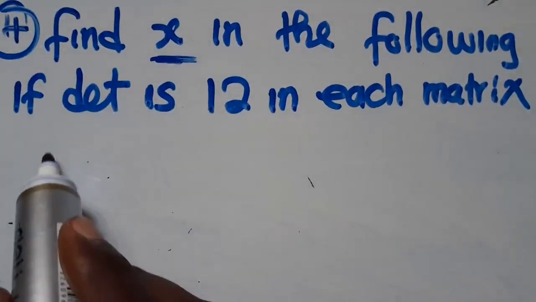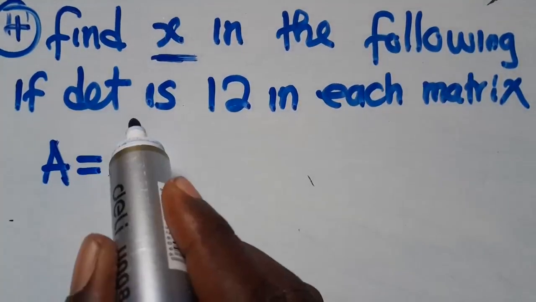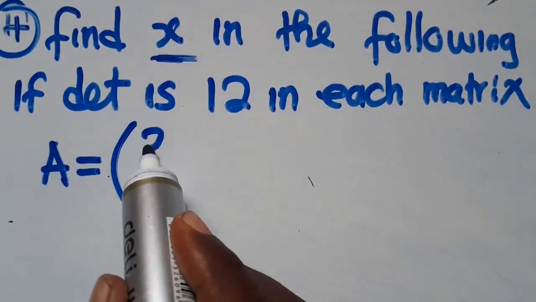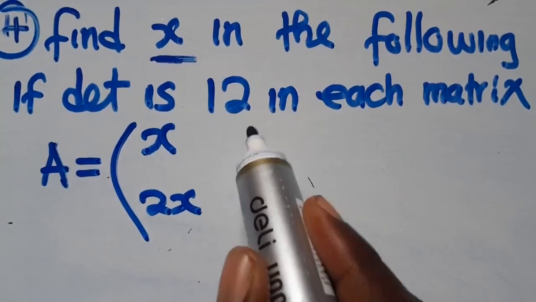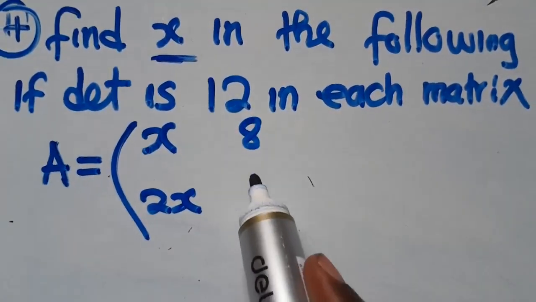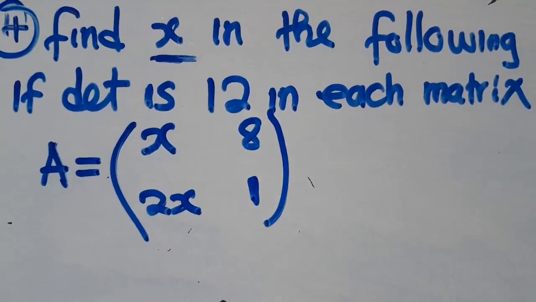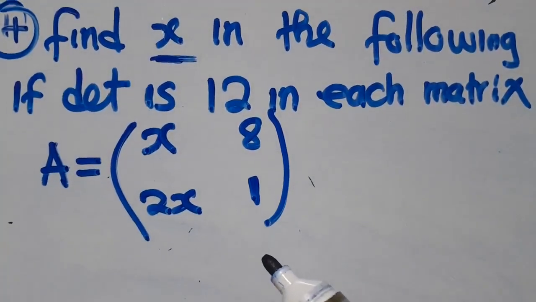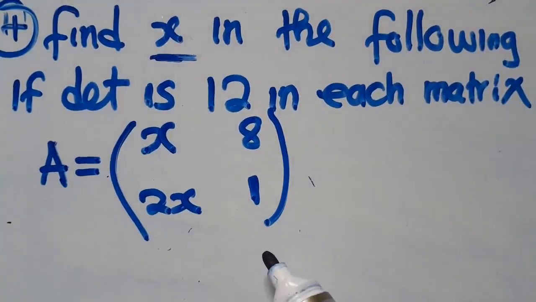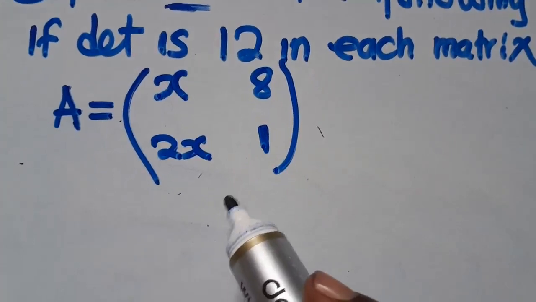The first matrix is A, equal to x, 2x, 8, 1. How can you find x? If the determinant is 12 in this matrix, what are you going to do?